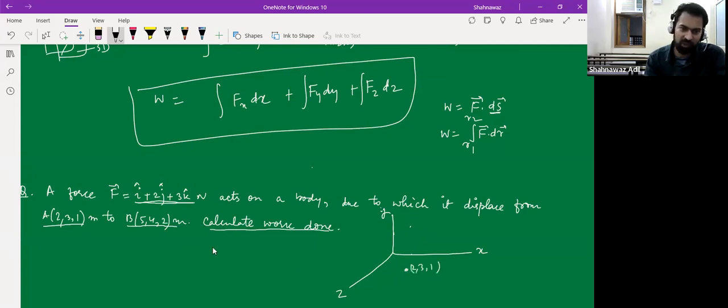And it displaces from here to 5, 4, 2. So this is B. What will be the position vector of A?